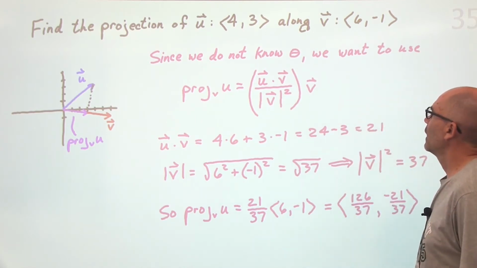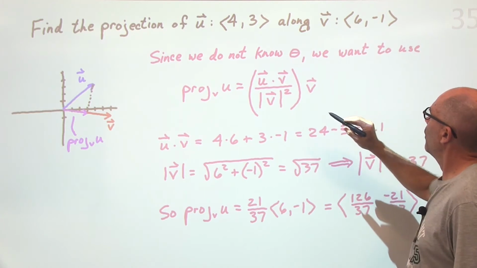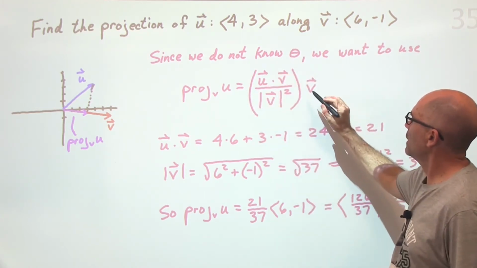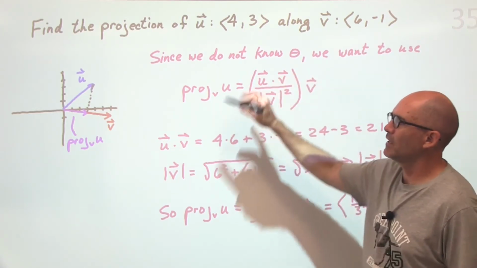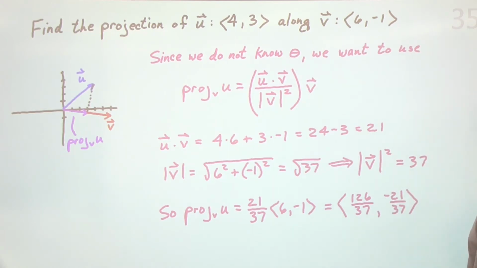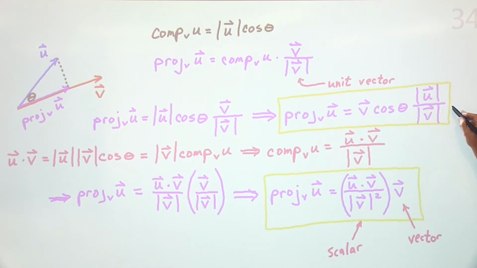All right, so we don't know theta, so this would be a more convenient expression to use. If we did know theta, then the other one would be simpler. But since we don't know theta, but we do know vector u and vector v and the magnitude, this is the simpler one to use.